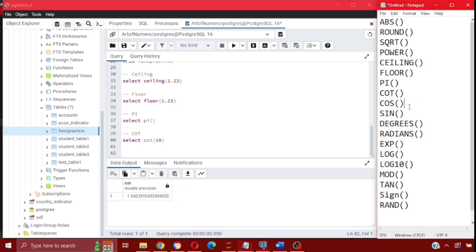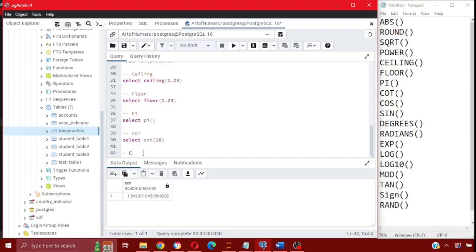The next one is going to be the cosine and sine. These are the two things that you probably need, especially when you're doing more advanced calculation. They also have some algebraic uses. So to get the cosine, you're going to run the same function as I just did for everything else.